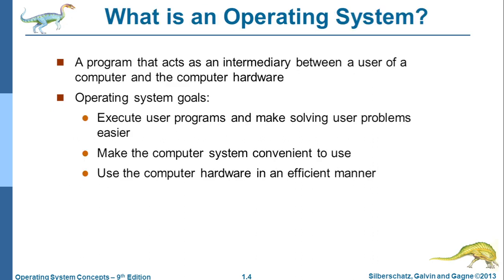So what is an operating system? Operating system is a program that acts as an interface between the user and the computer hardware, right? The main goal of an operating system is that it executes user programs and solves the problems of the user.